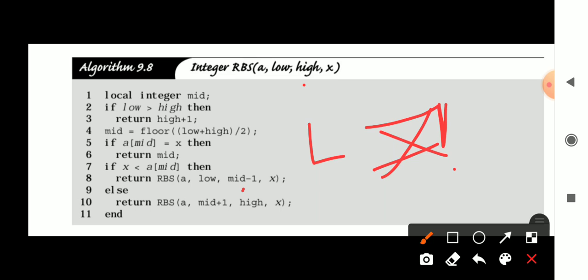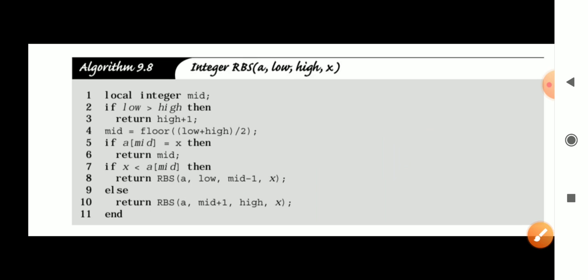We are calling the function RBS by changing the value. And if the value is greater than mid, we call RBS again and change low. So when the search value X is less than mid, we change high. If the search value is greater than mid, we change low. So that is the two algorithms, one iterative and one recursive.